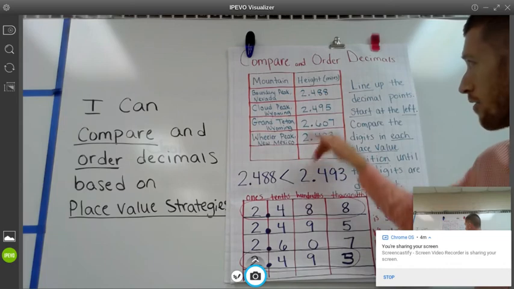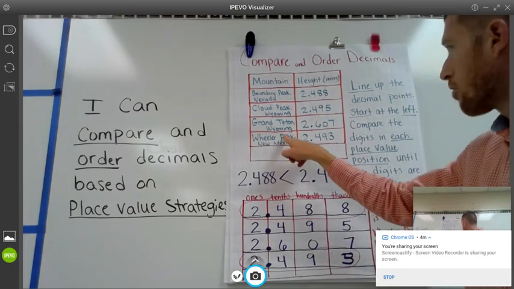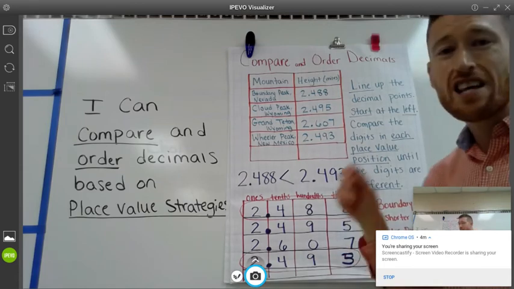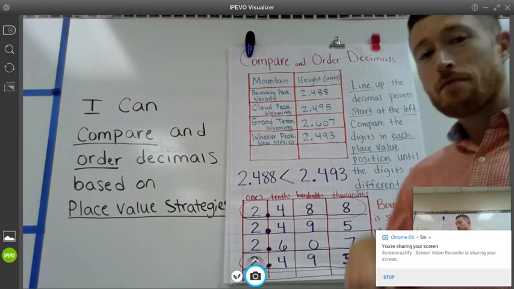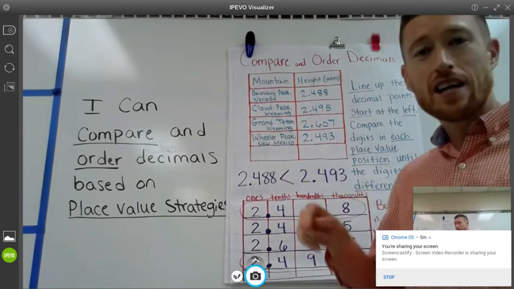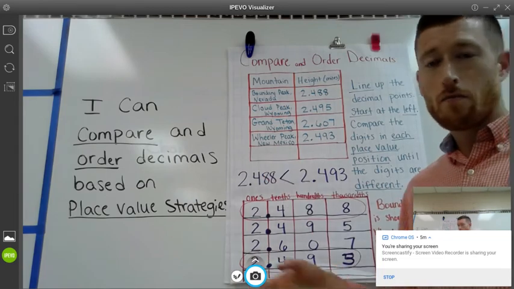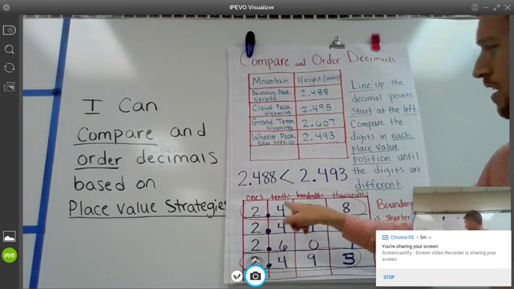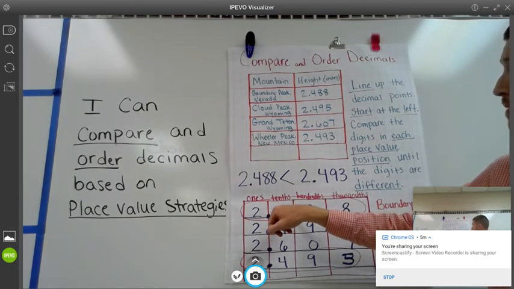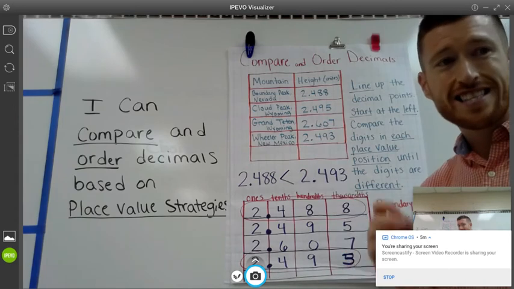So this one is Boundary, 2 and 488 thousandths miles high, and Wheeler Peak, 2 and 493 thousandths miles high. We're going to do the very same thing we just did when we found out Grand Teton was the highest mountain. We compare the ones place. Remember, they're all the same. Now the tenths place. Boundary Peak has a 4 and Wheeler Peak has a 4 in the tenths place, so they are the same.